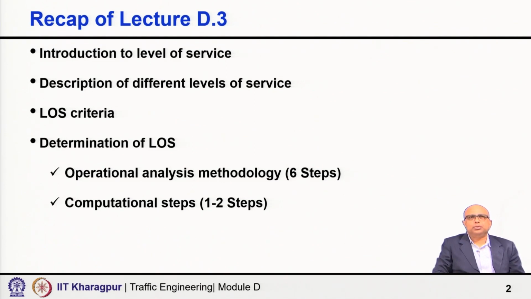To have a quick recap, what we discussed in lecture 3 is how the level of service can be defined for multi-lane highway segments and also for freeways, description of different levels of service starting from A to F, then the LOS criteria, what are the density thresholds that are used to define the LOS, and what are the steps, broadly 6 steps for the operational analysis of freeways and multi-lane highway segments.